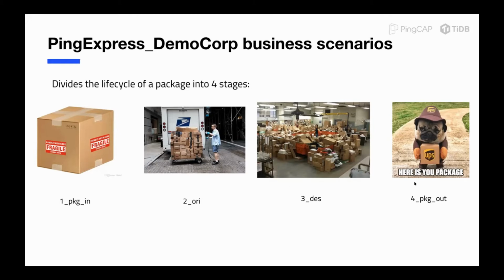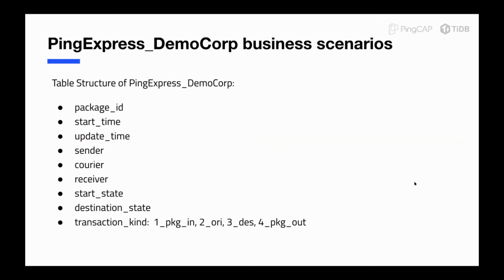And finally, the package is received by the end user. Here is the table structure of PingExpress demo corp. PingExpress uses a giant wide table, and there are a couple of fields in it: package ID, time, sender, courier, receiver, state, and transaction kind. Like I've explained before, PingExpress divides the life cycle of a package into 4 stages.